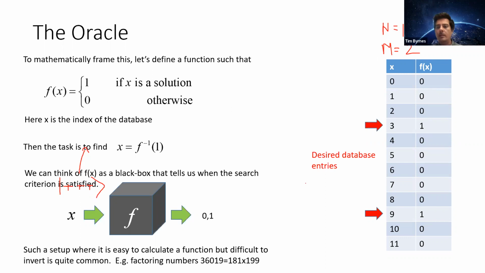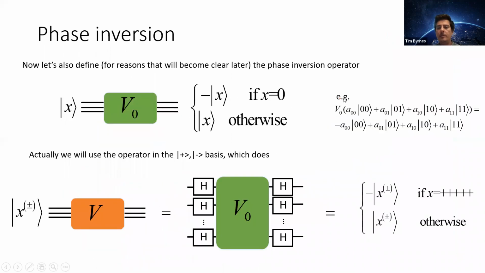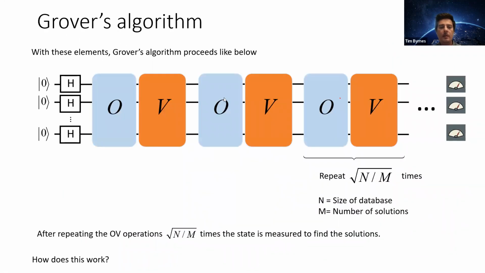These are the 2 parameters that you have. You want to apply this pair of operators, O and V, a number of times, which is the square root of N over M. And then once you've done that, you measure the qubits.